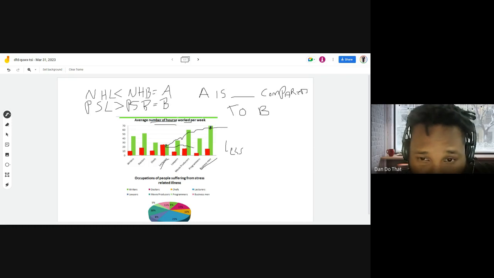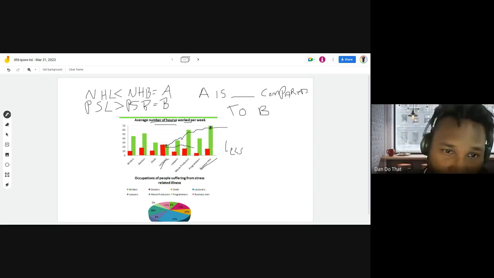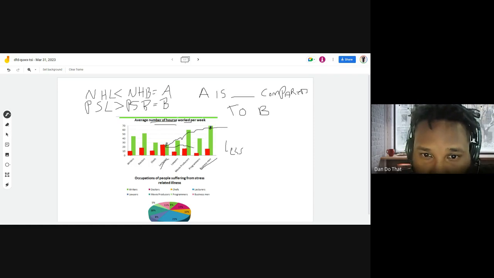Are they the opposite? Now, to be the opposite, we need to know the numbers, right? So A goes from, what's it look like, 25 up to 65. A is 25 to 65. That equals 40. All right, A is 40.